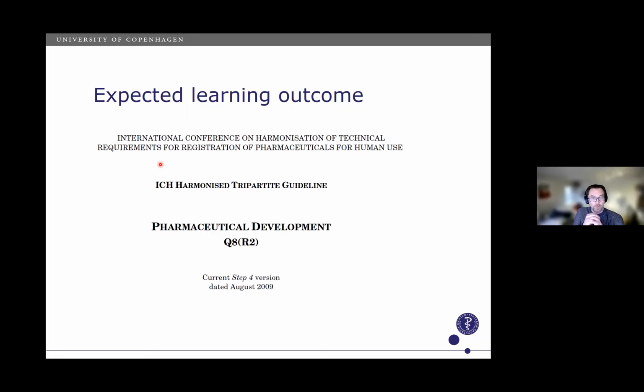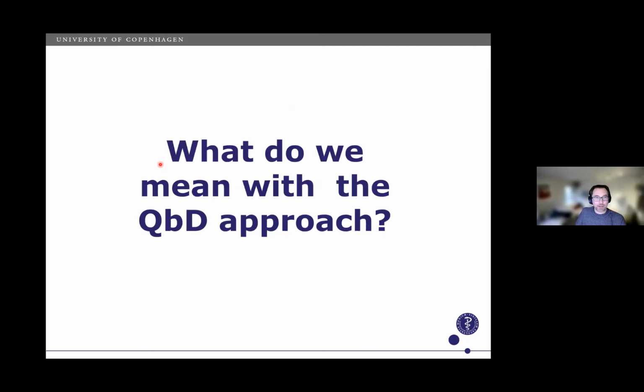You can find all this with a simple Google search. If you Google ICH Q8, you will find 60 pages of this document. I'm not planning to walk through it here with you, but if you one day need this document, it's out there for you. So what do we mean with this QbD approach?